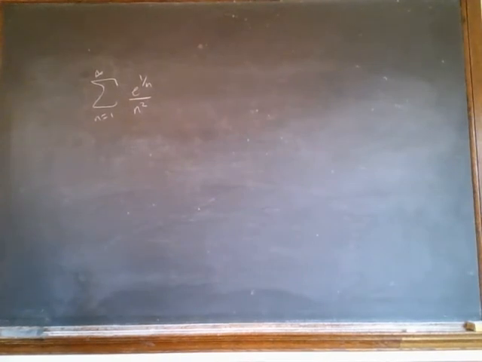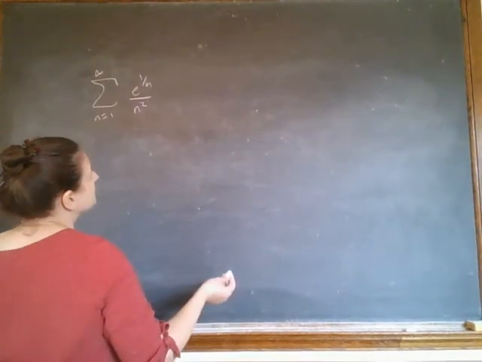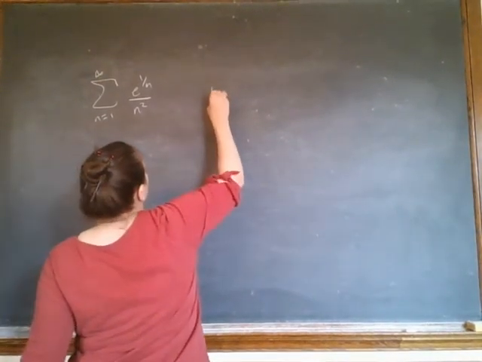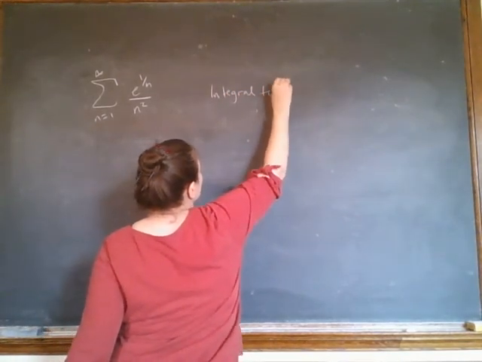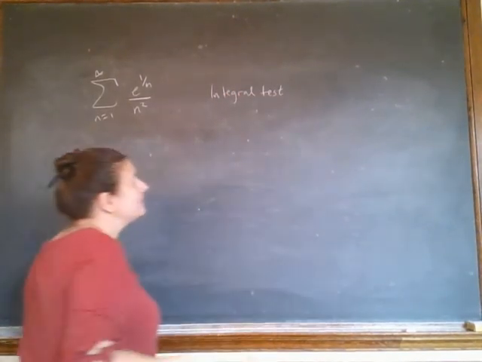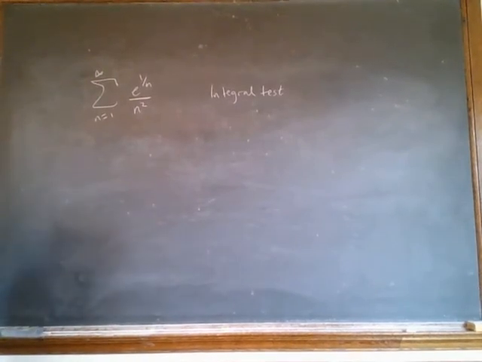Because if u is 1 over x, then du is going to be minus 1 over x squared dx. So this is just du, more or less. So this is a great one for the integral test. It's even easy. By this point, most of the series we don't use the integral test, so it's easy to sort of forget about it. But don't forget about the integral test, because when you can use it, you can go pretty well with it.